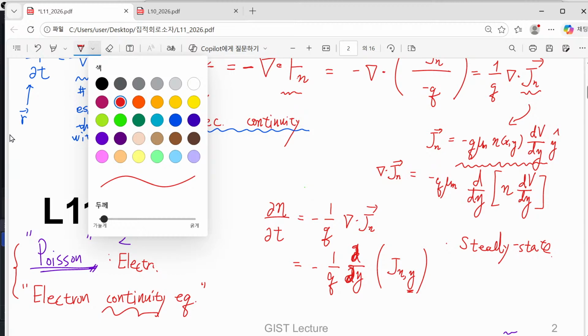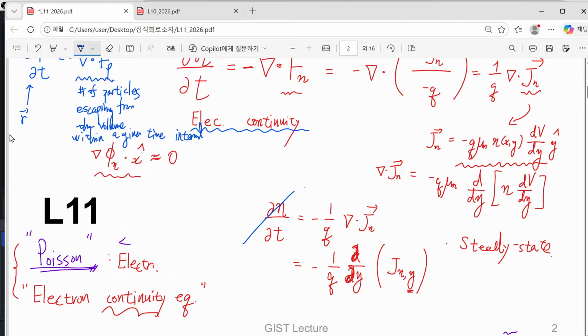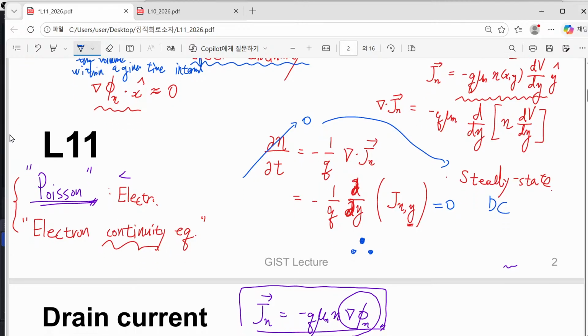So now we can say that this one should vanish only because of the steady state assumption, or simply speaking, the DC assumption. We are now considering DC condition. So it means that this equation should be 0, and I think that this becomes too trivial.